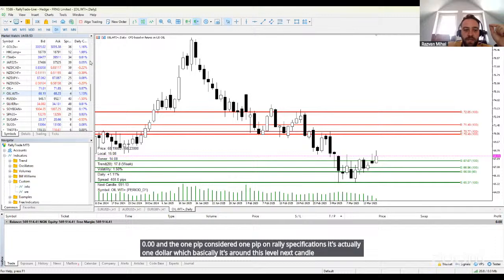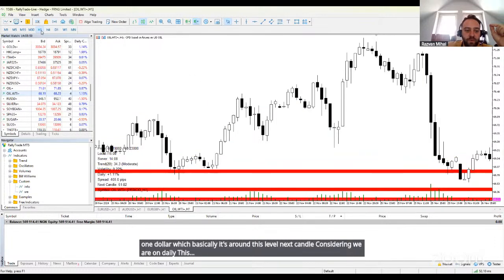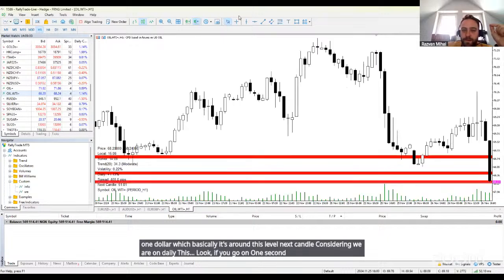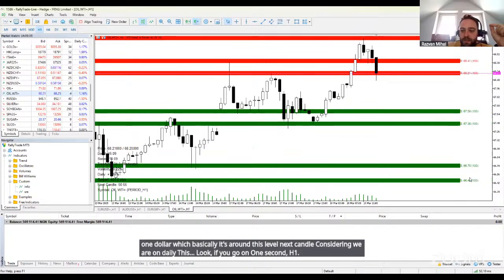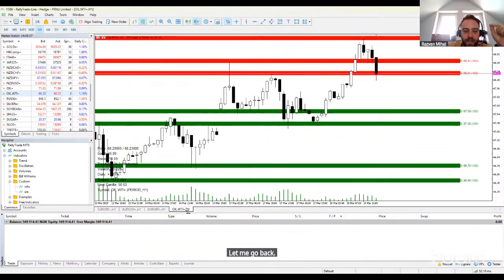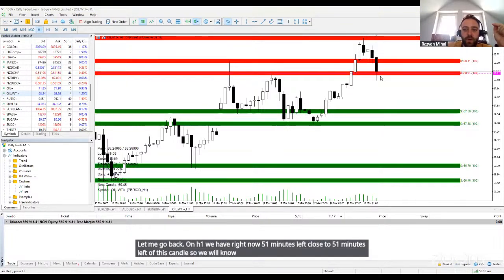Considering we are on daily, if you go on H1, let me go back. On H1, we have close to 51 minutes left of this candle, so we will know exactly when the candle will close.